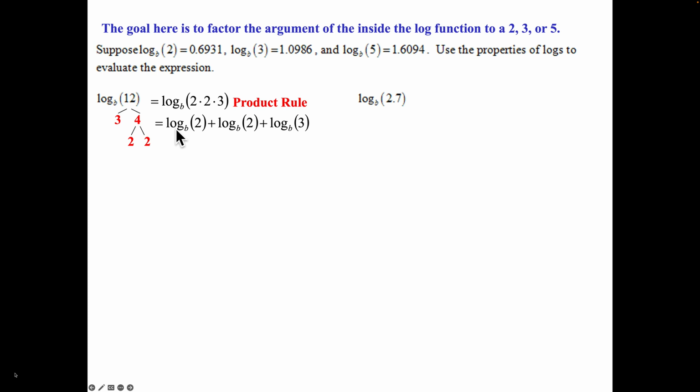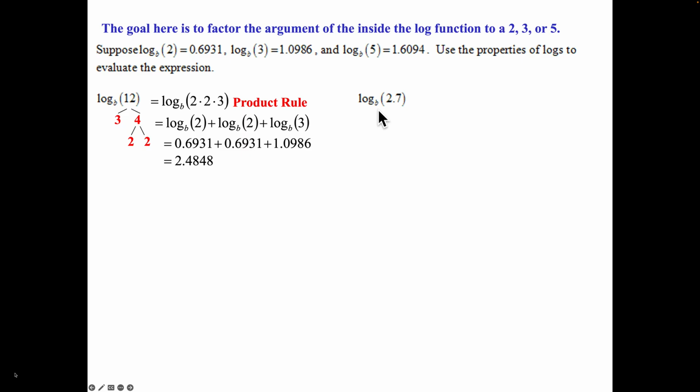Now what's beneficial for this is I now know what log base b of 2 is. That's this decimal. And I'm going to take this decimal, plug it in for those 2 logs, and log base b of 3 is this decimal. So I'm going to substitute those in, add them all up, 2.4848.